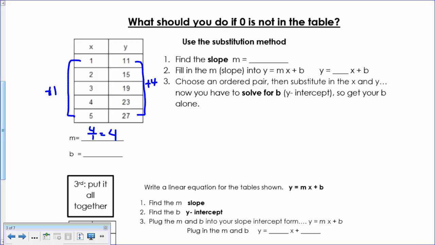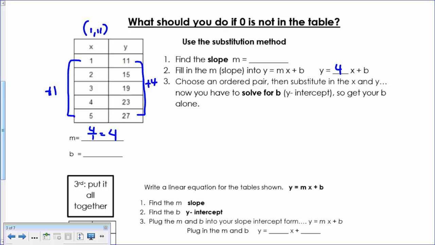All right. So it says we're going to fill in the slope into y equals mx plus b. So we're going to plug the 4 into there. And now it says choose an ordered pair. Remember, these are ordered pairs. That 1, 11 is actually an ordered pair, right? Everyone know that? So we're going to substitute it into x and y of the slope-intercept form and solve for b.